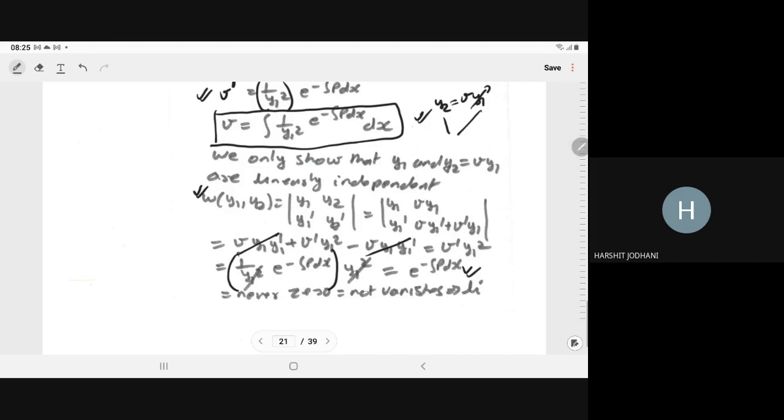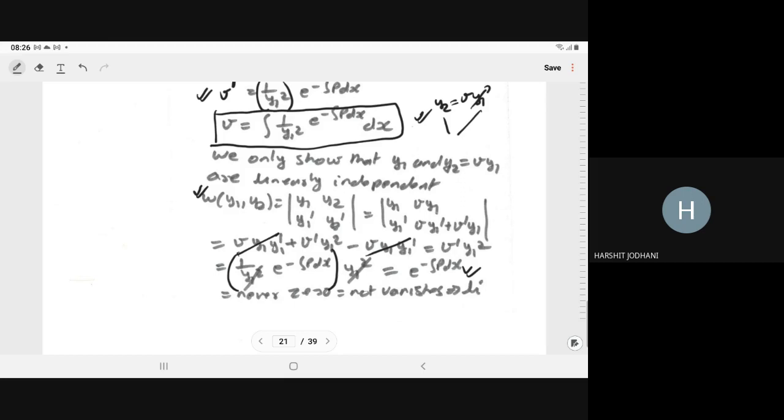So here we have e to power minus integral p dx. You know that the exponential function is never zero; it never vanishes. So when it does not vanish, you can say that y1 and y2 are linearly independent.